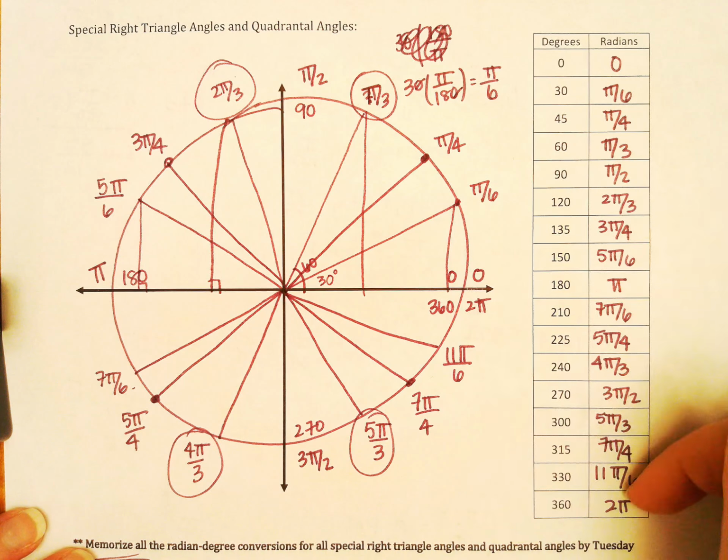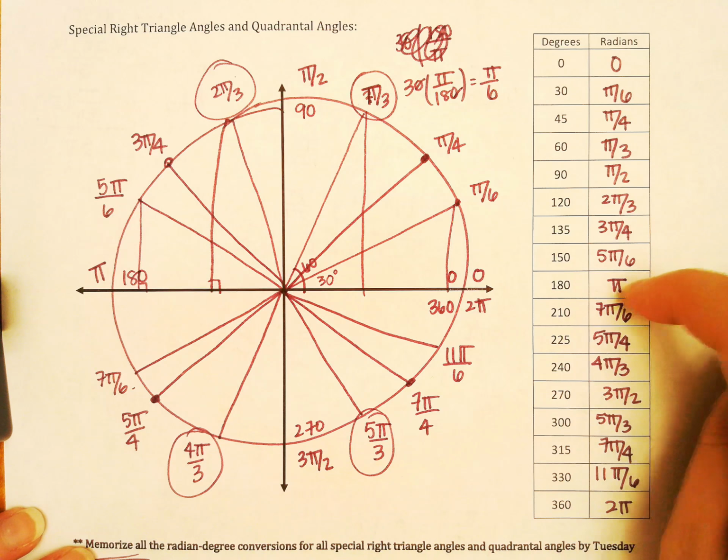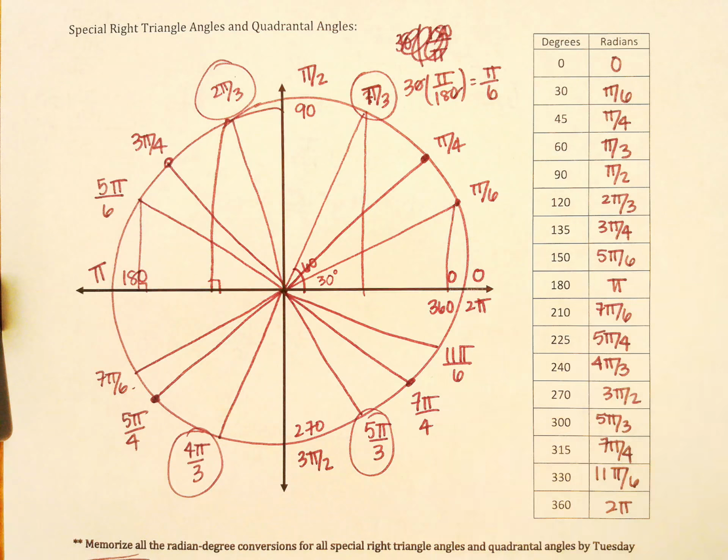It won't be in this order. It'll be all mixed up. Some of them will give the radian measurements, and I'll give you the degrees, and they'll all be mixed up, so you have to be able to fill that in in 3 minutes. And again, some of it is really fast to fill in, some of it takes some thinking. There are definitely strategies, but that should be done by next Tuesday.